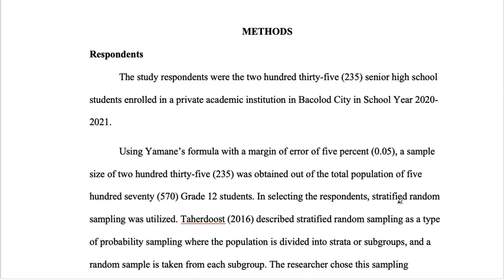And these two are called strata or subgroups: sex, strand. Further, in sex, we have male, female. In strand, we have UMS, STEM, HEABM. So take a look at this. Let's highlight the following. So on the first sentence, under your respondent section, you may follow this.